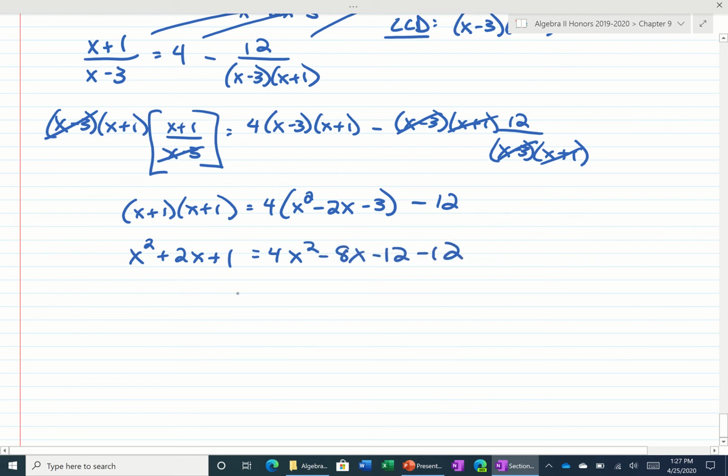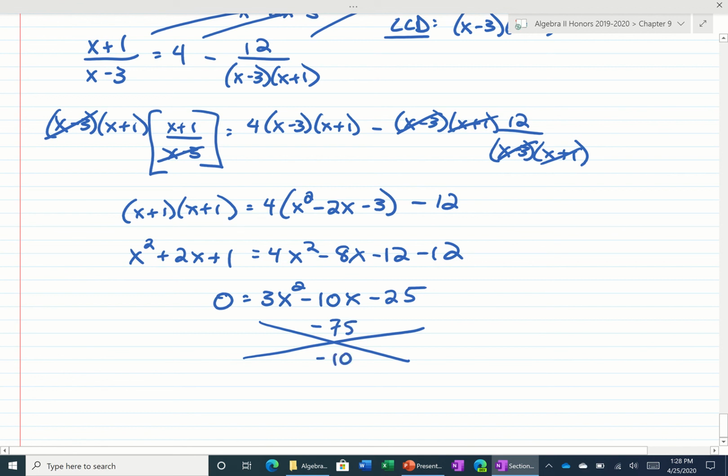So we could bring the x squared over, try to get it equal to 0. Bring the 2x over and subtract 1, so that would be minus 25. So we're looking for factors of negative 75 that add up to negative 10.